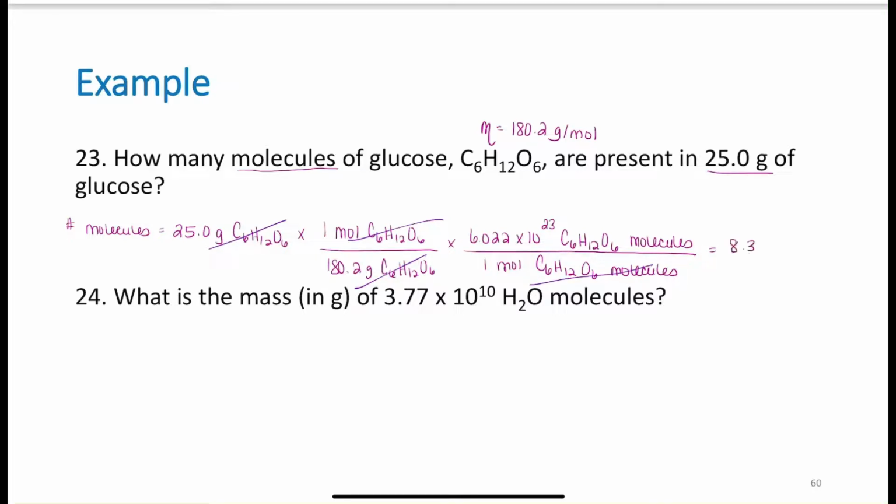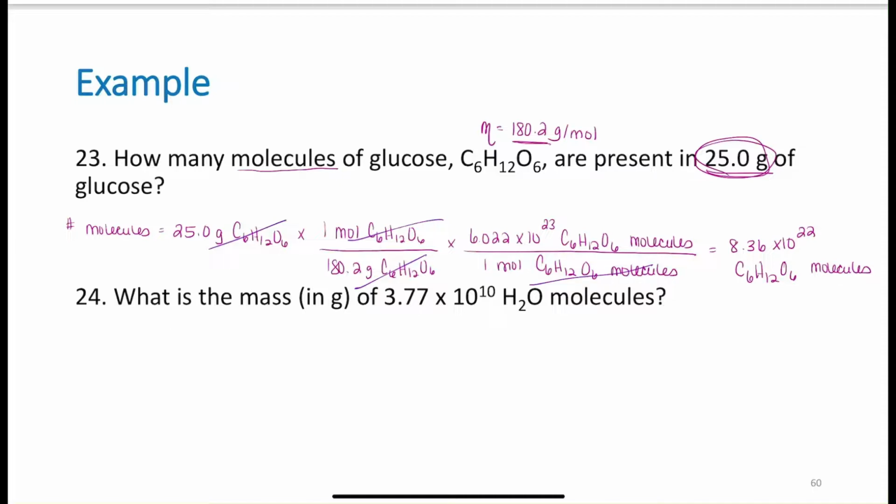Gives me 8.36 times 10 to the 22nd C6H12O6 molecules. 25, a lot smaller than 180, so an answer of 8.36 times 10 to the 22nd makes sense.